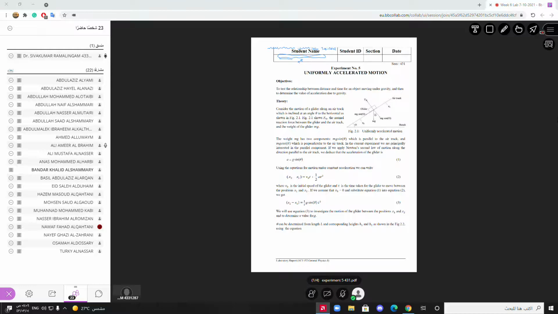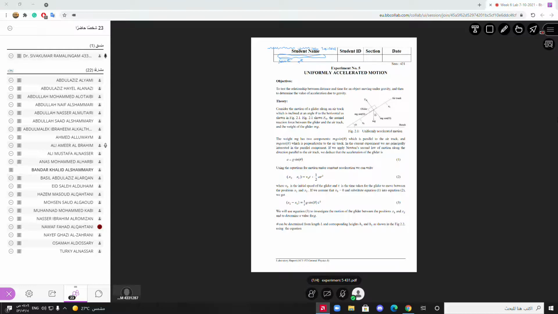The speed increases uniformly, which means the acceleration is constant throughout the motion. Uniformly accelerated motion means the acceleration is the same or constant, and is not allowed to change during the entire motion. This is the meaning of uniformly accelerated motion.